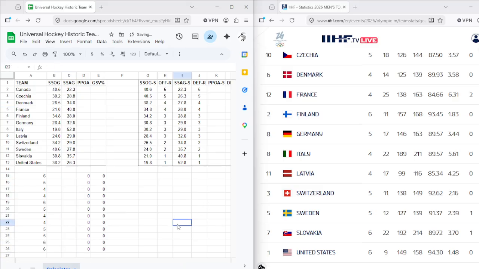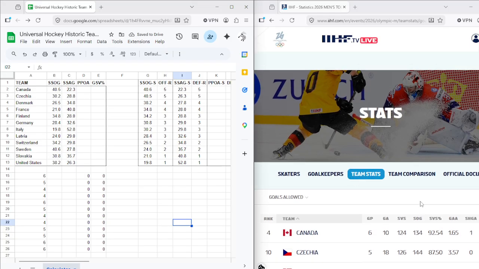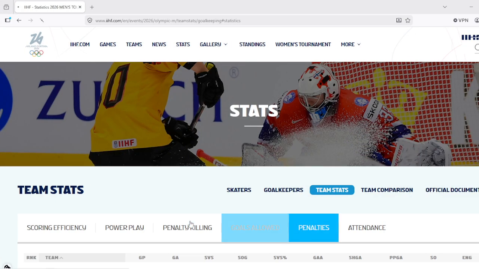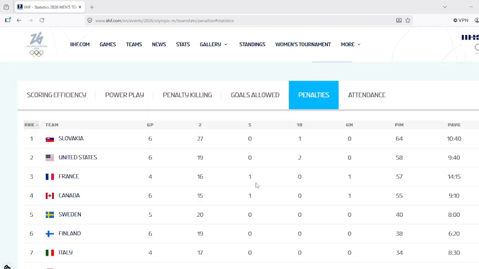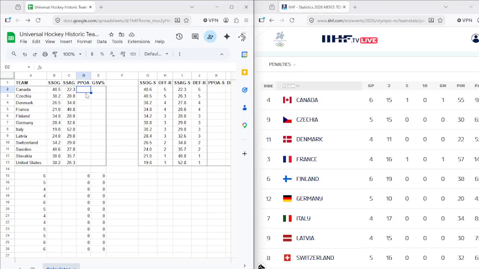All right. So next up is going to be discipline. So you could probably guess discipline is going to be based off of penalties or penalty minutes. So we're going to do penalties, games played, and we have penalty minutes. Great. We'll utilize that. Sort the teams by this again.